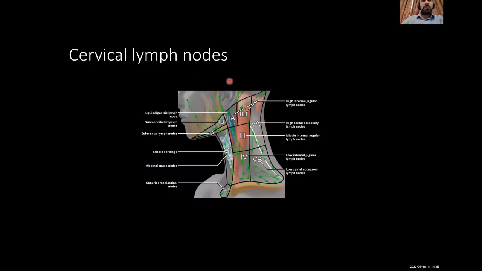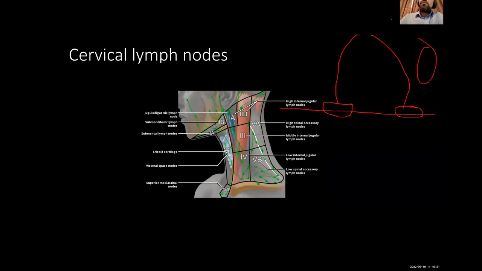The leveling of the cervical lymph nodes. If we have the neck here, and here is the submandibular gland, draw a line anterior to it.